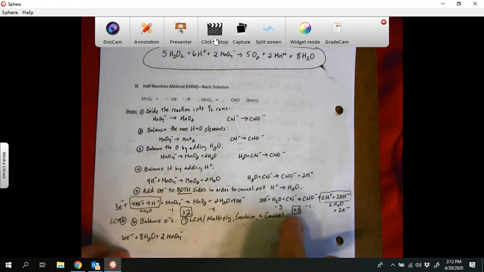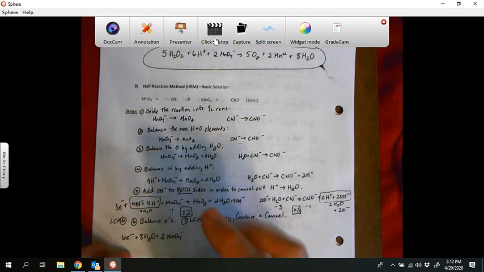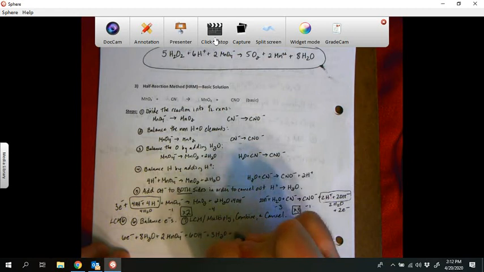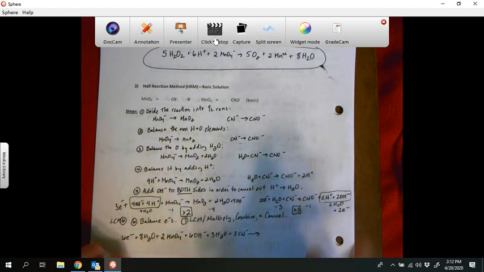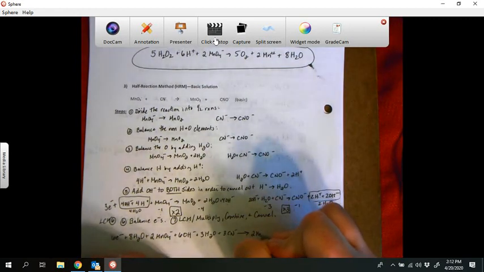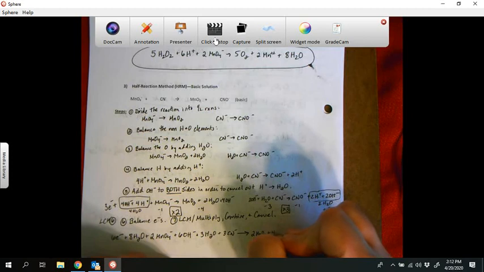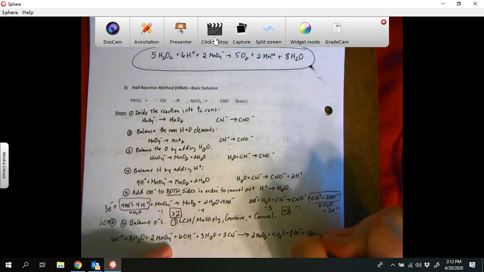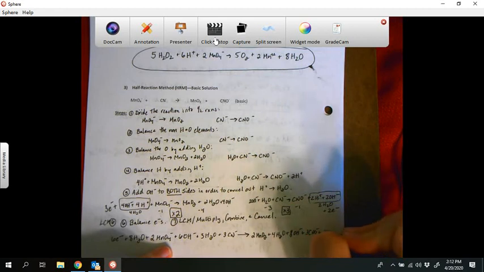Then on this side, we have to multiply everything by 3, so we have 6 OHs plus 3 waters plus 3 CN minus. And that is going to yield 2 MnO2s plus 4 waters plus 8 OH minus plus, now we have this side, 3 CNO minus plus 6 waters plus 6 electrons.